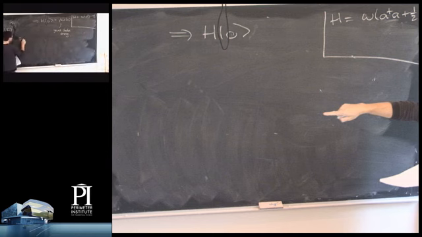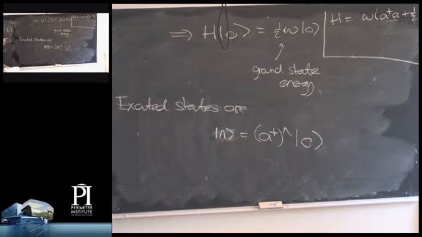Then excited states: there is an excited state for each integer n, where you hit the ground state with n creation operators. That's not normalized, by the way.